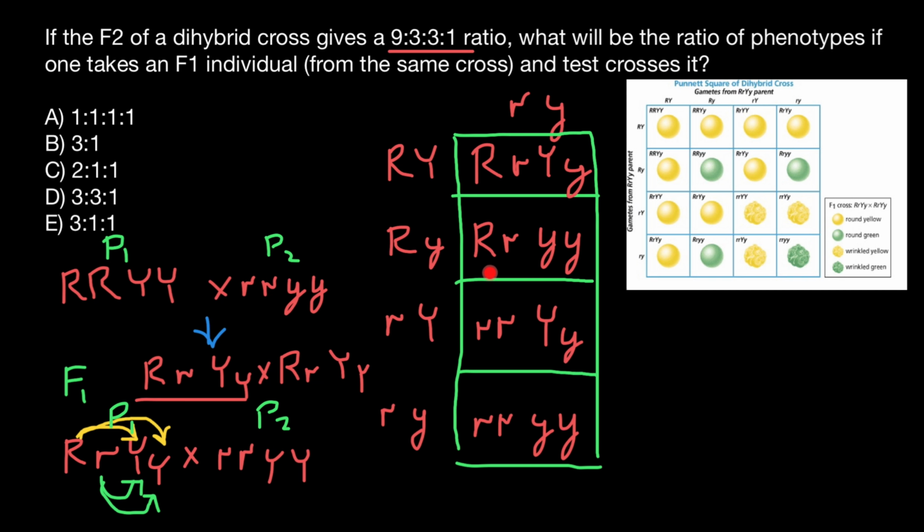This genotype means round and green. This genotype means wrinkled and yellow, and wrinkled and green. So as you see, all genotypes we got produce 4 different unique phenotypes. And the ratio is going to be 1 to 1 to 1 to 1. As you see, this is answer A. All these genotypes would result in 4 different unique phenotypes.